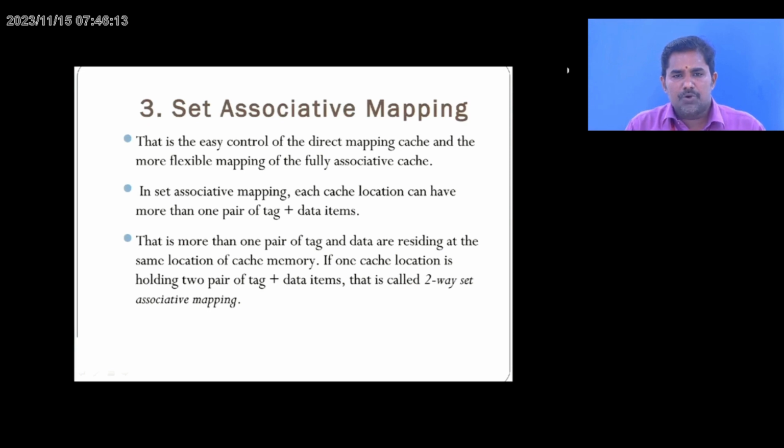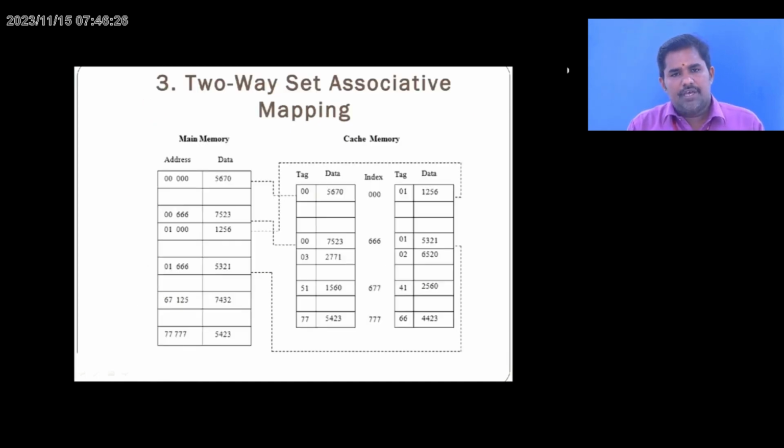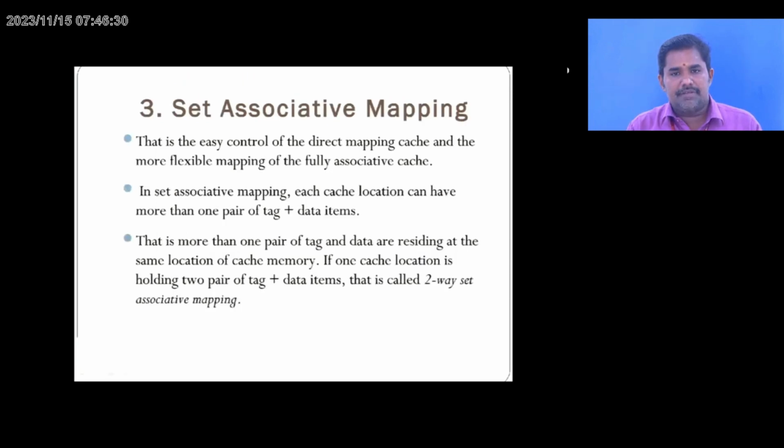More than one pair of tag and data reside at the same location of cache memory. If one cache location is holding two pairs of tag plus data items, this is called two-way set associative mapping.